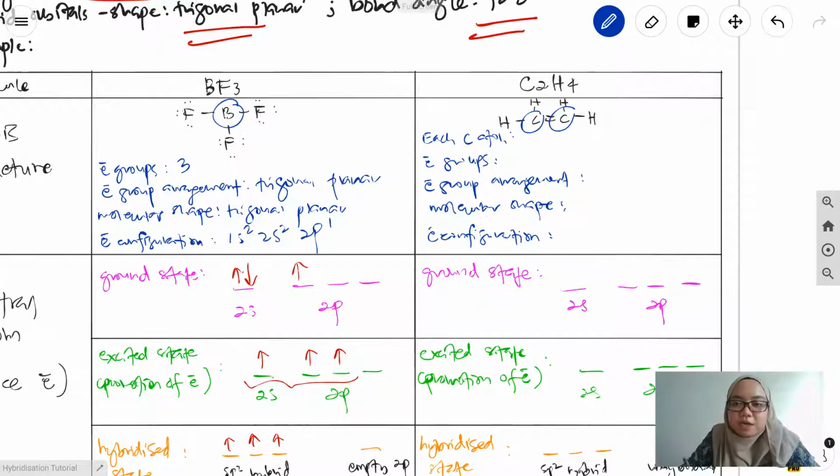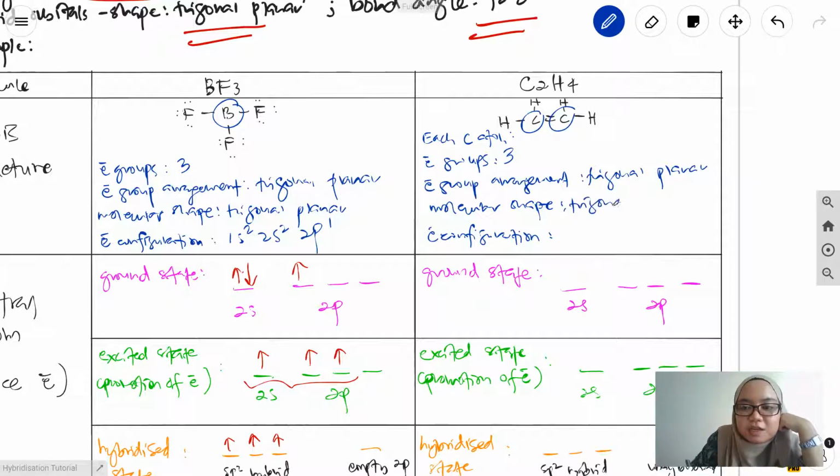Each carbon has 1, 2, 3 electron groups. So that means the electron group arrangement is trigonal planar. The molecular shape is also trigonal planar since there is no lone pair.